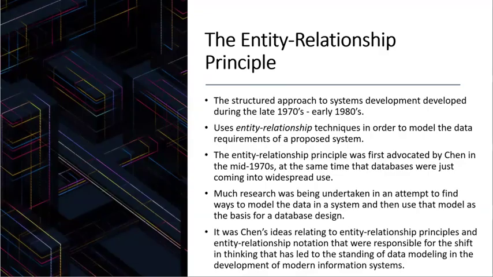If the data foundation is correct, then the system can adapt more easily when processes change. And that is why data modeling holds such an important place in modern information system development. And this is why in your projects, we begin by asking, what are the core entities that define my system? If you cannot answer that question based on your requirements, then the system is not ready for database design or building at all.